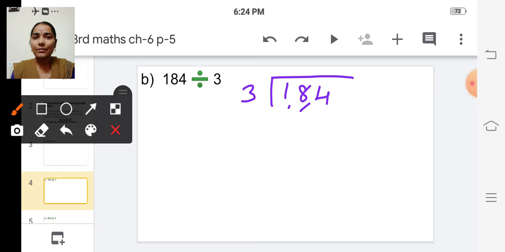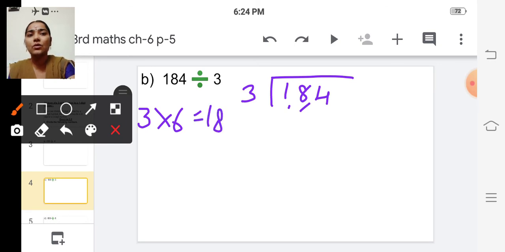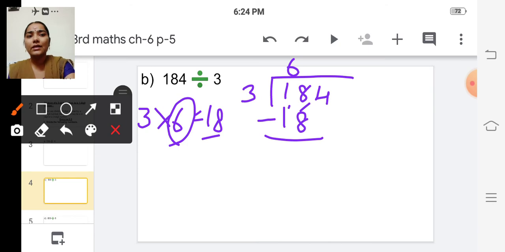Tell me how many times it will go. 3 sixes are 18, so exactly it will go. So we write the 6 in the quotient, write 18 below the dividend and subtract. 18 minus 18 is 0.